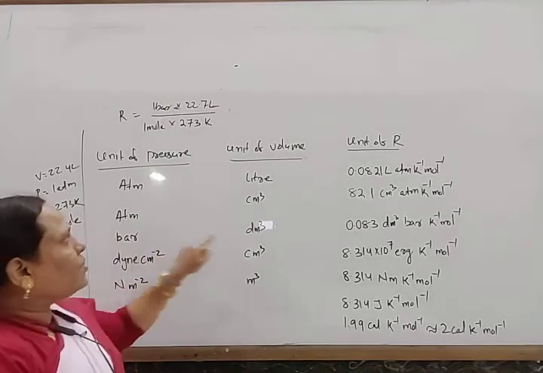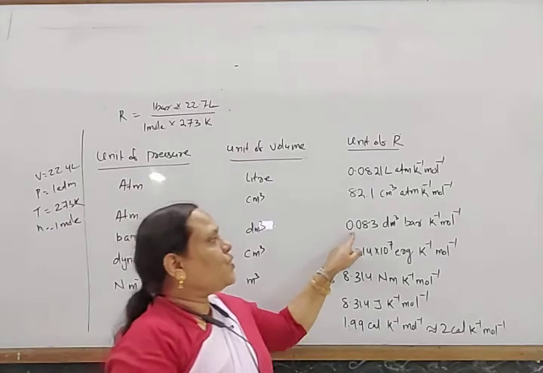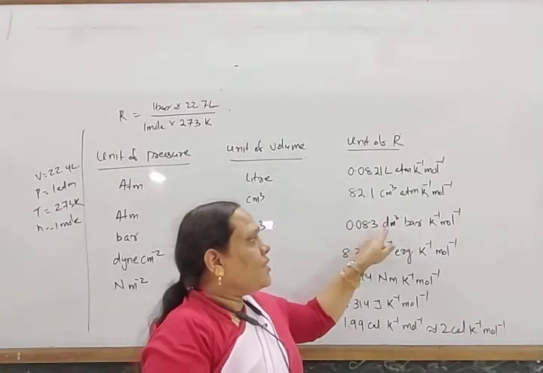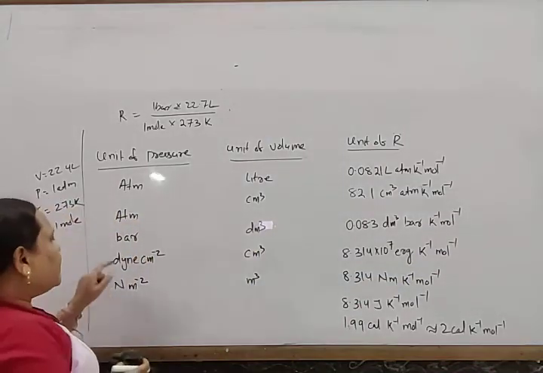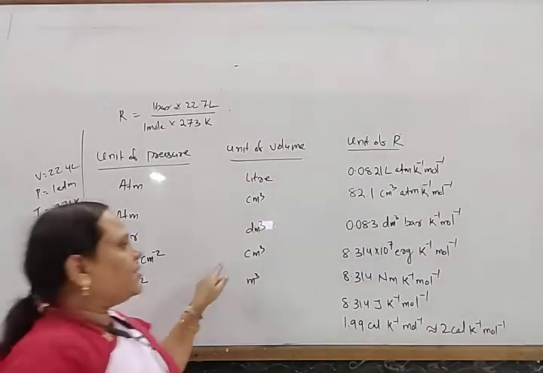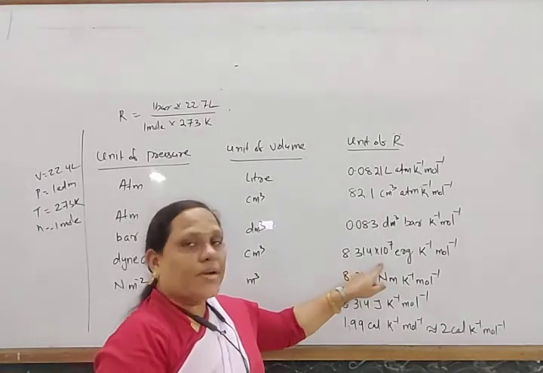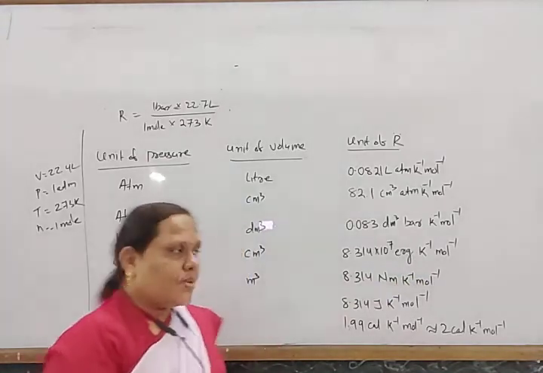Then 1 bar and 22.7 liter, divided by this, you will find 0.083 dm cube bar Kelvin inverse mole inverse. And similarly, if taken in dyne per cm square, then you find R value 8.314 times 10 to the power 7 erg Kelvin inverse mole inverse.